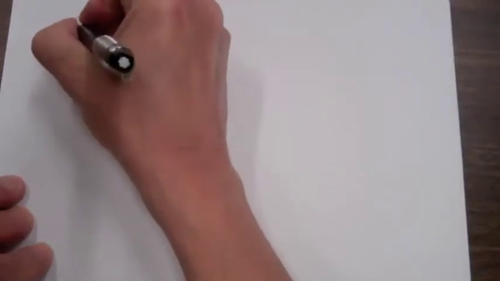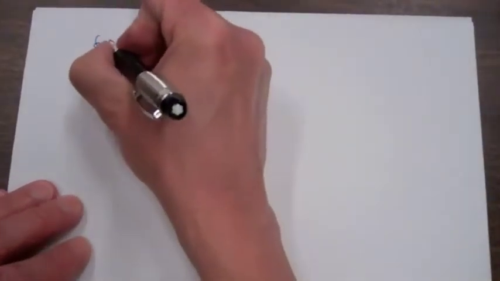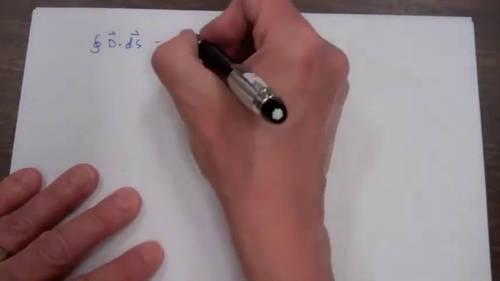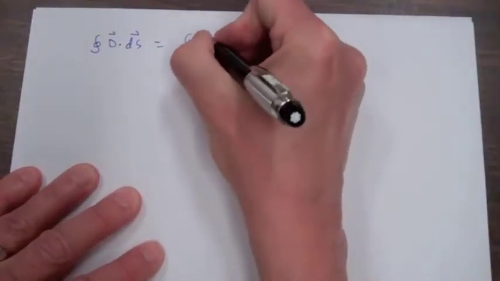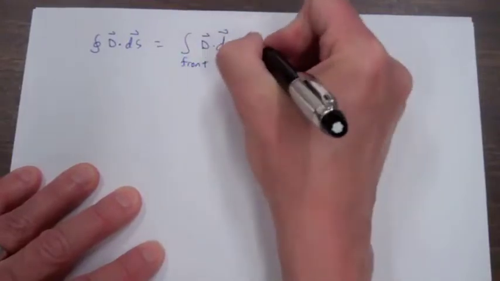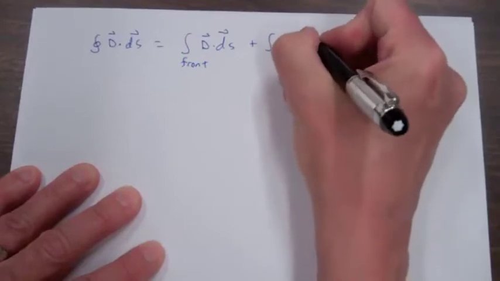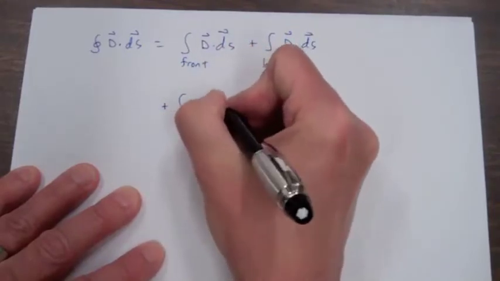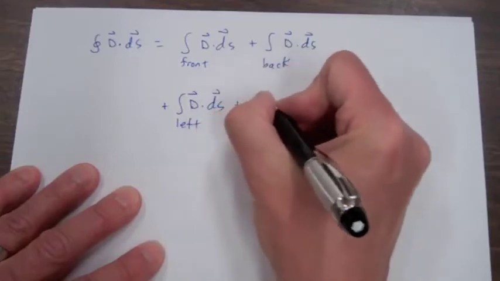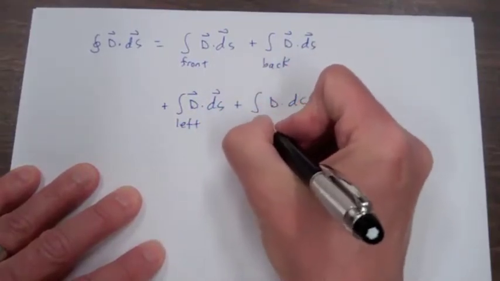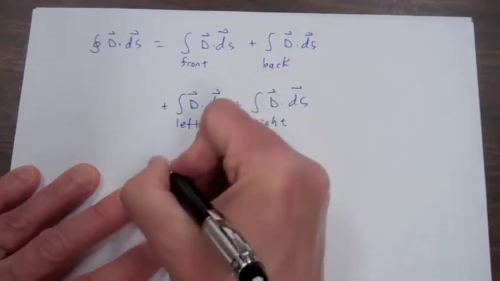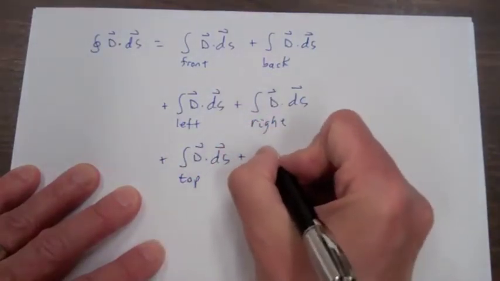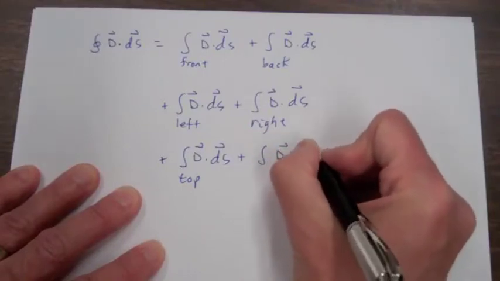So the integral of D dot dS around the cube will be the integral of D dot dS on the front face plus the integral of D dot dS on the back face plus the integral of D dot dS on the left face plus the integral of D dot dS on the right face plus the integral of D dot dS on the top face plus the integral of D dot dS on the bottom face.